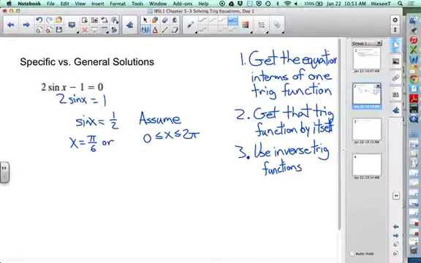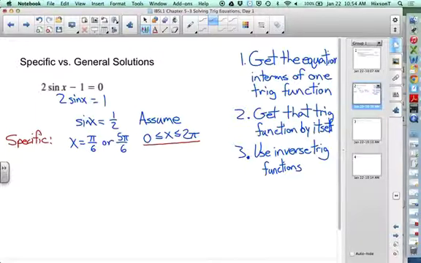Or 5 pi over 6. So those are our two specific solutions for the interval from 0 to 2 pi.